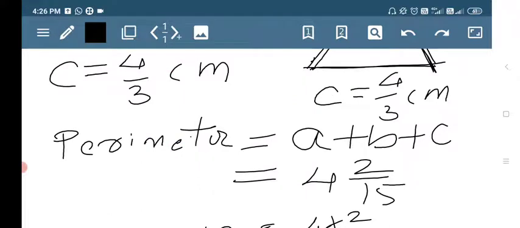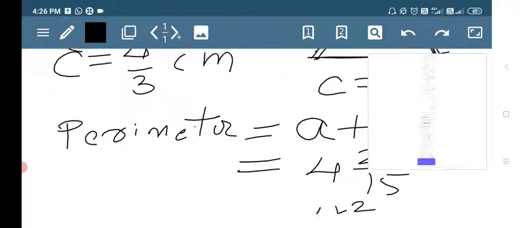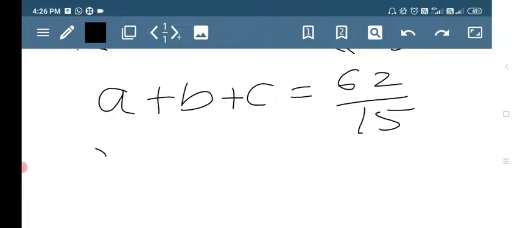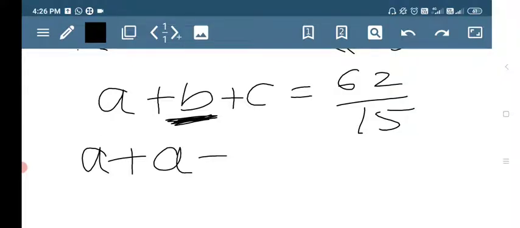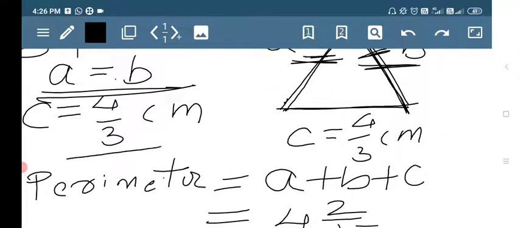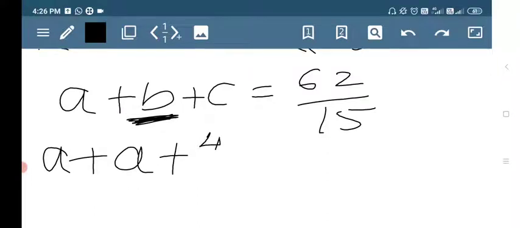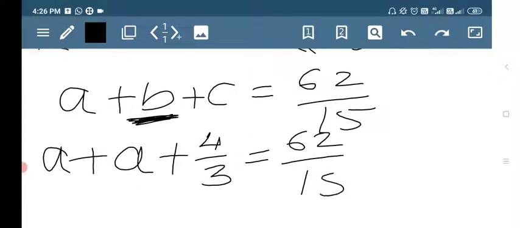So dear students, we know that A is equal to B because it is an isosceles triangle, and C is 4 by 3. Instead of B, we will take A itself, plus the value of C, which is 4 by 3, is equal to 62 by 15.